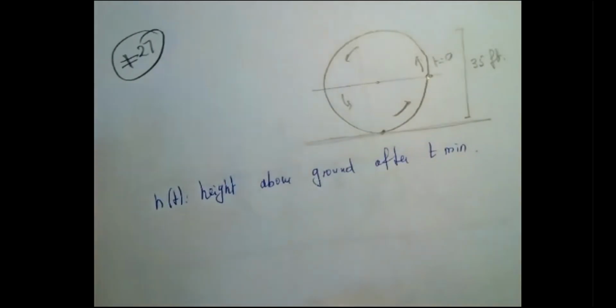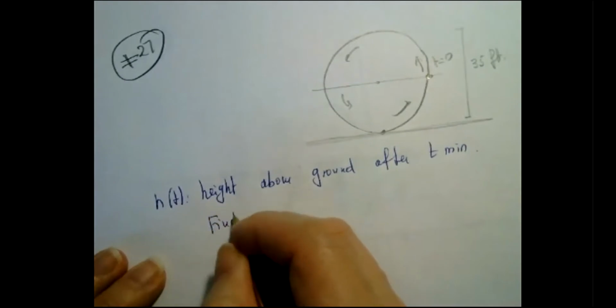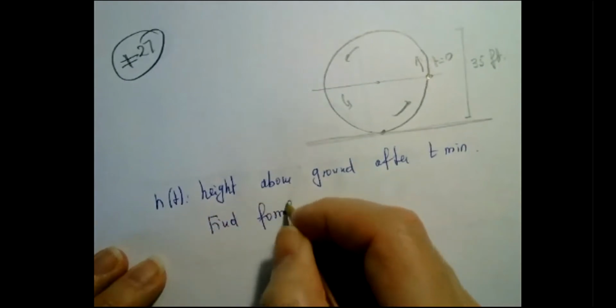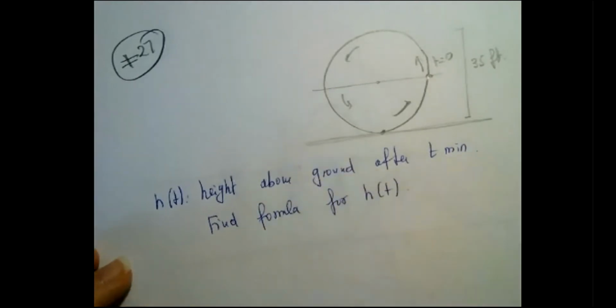And the question is, sketch the graph of the height and find a formula for h of t, telling you that it's a sine or a cosine function.